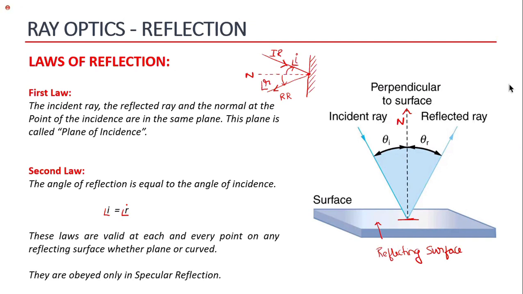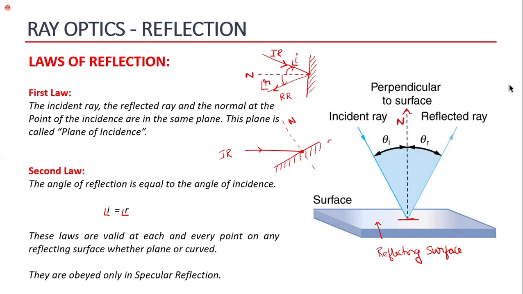So whether it's a specular reflection or a diffuse reflection, this law of reflection holds good. Why it holds good is because, say for example, the reflecting surface is something like this, and let me say the light is coming and falling like this. This is your incident ray. Now, at this point, for this surface, you have to draw a normal.